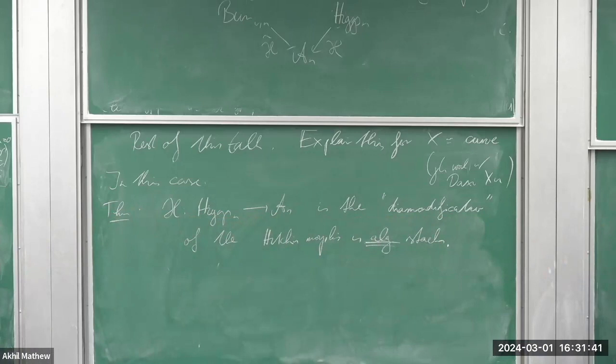When you say Hitchin morphism in algebraic, so H and H tilde are both Hitchin. Yes, maybe one is called the twisted Hitchin morphism. And twisted Hitchin is H tilde, which is the diamond definition. What does it mean?